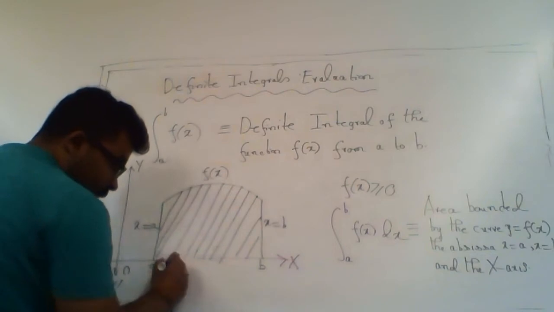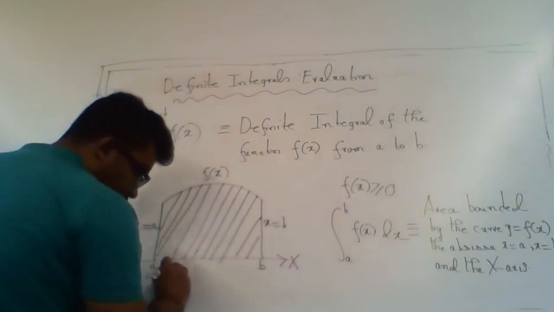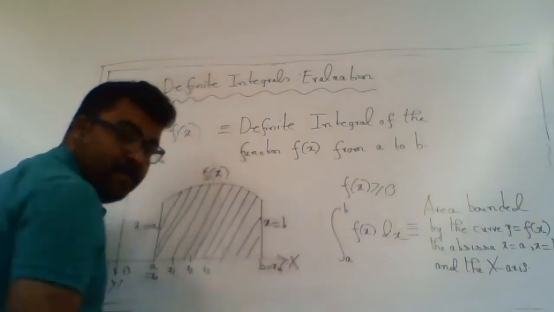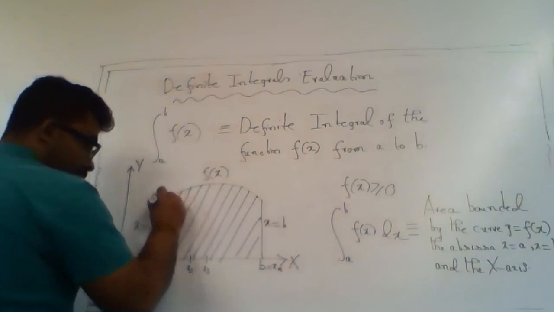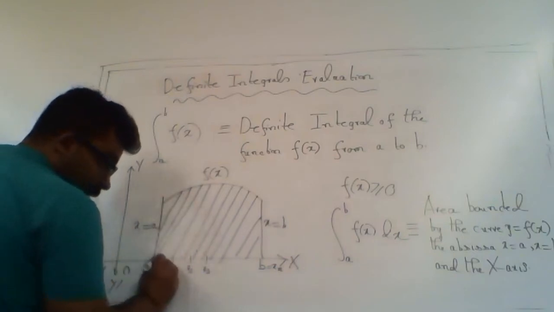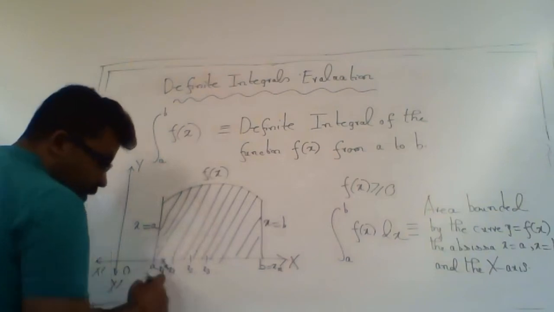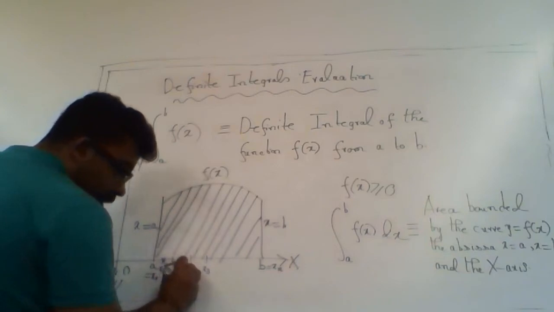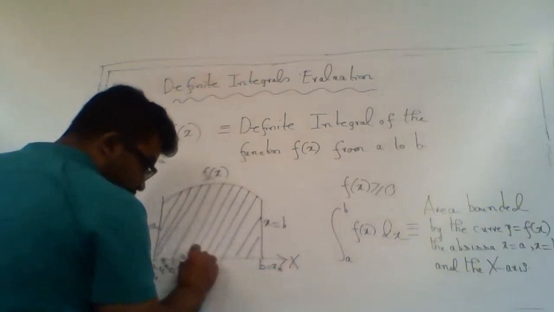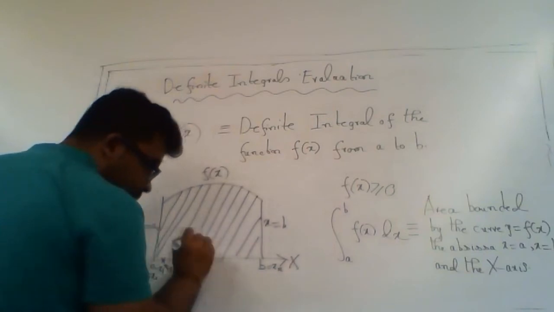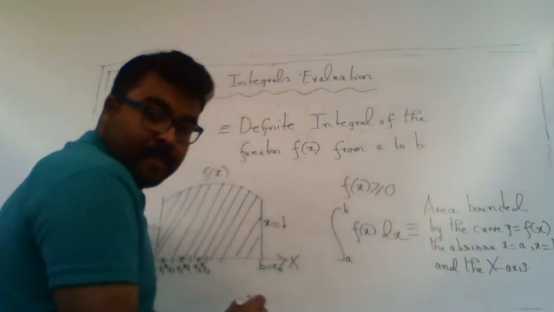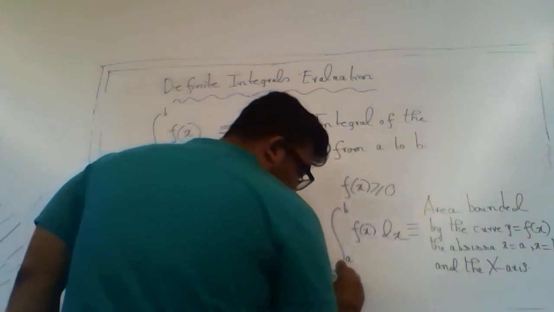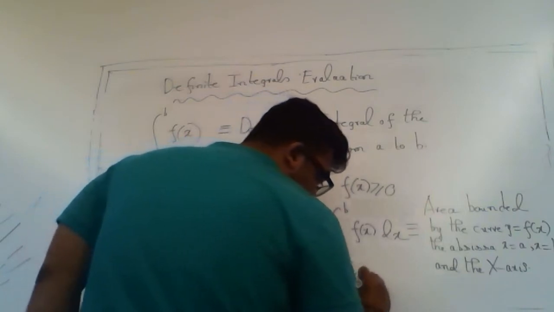If you take a partition, say this is x0, x1, x2, x3, and if you divide it into n parts, and construct rectangles, then if you take a sample point in each of these subintervals, so if you take x1 star in the first subinterval, x2 star in the second subinterval, x3 star in the third subinterval, then if you form this sum, summation i equals 1 to n f of xi star times delta xi, right?